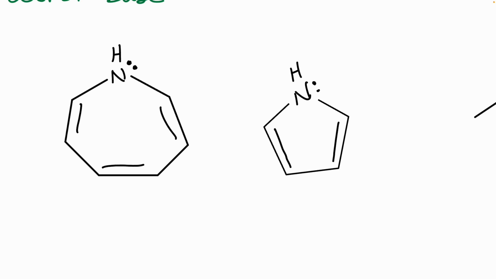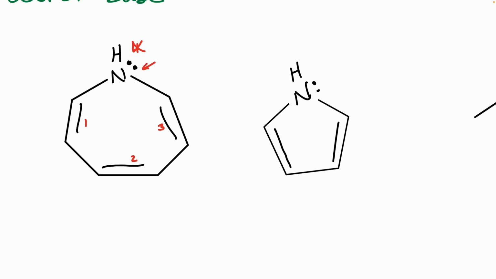Remember, when we talked about aromaticity, an important part of an aromatic ring is the number of electrons that are in that ring. You have to have an odd number of electron pairs in order to be aromatic. If it's an even number, we call that anti-aromatic, which is bad. In this case on the left, we have 1, 2, 3 pairs of electrons. If I added that lone pair, that would make 4. Well, we're not going to do that. We're not going to have it be anti-aromatic.